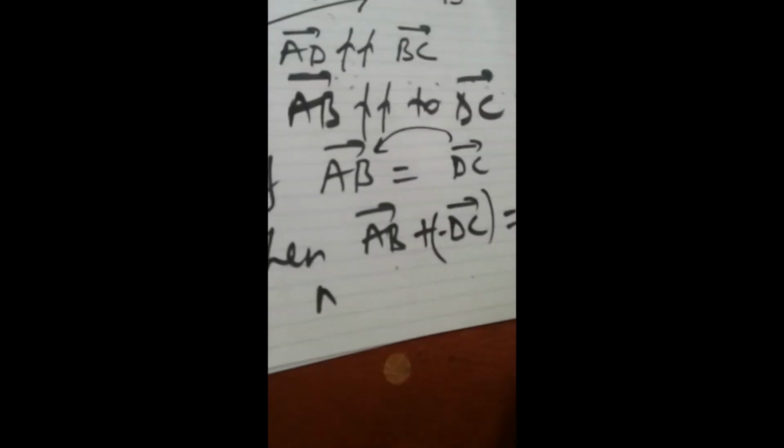And that one means that we shall have a zero vector. AB plus minus DC is equal to 0.